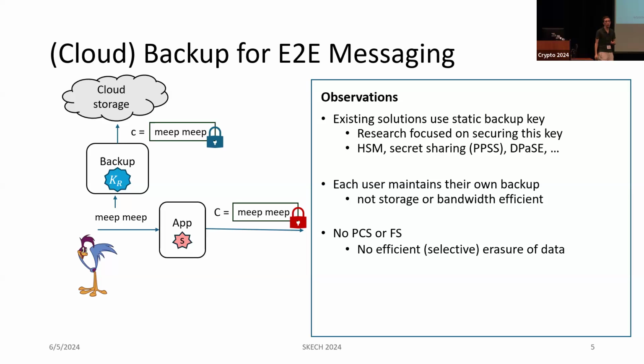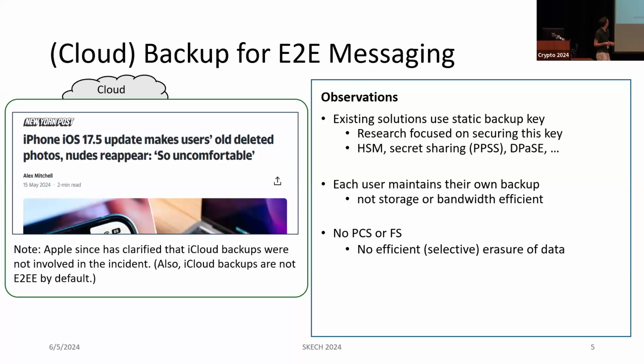Then, because they use a static key, they don't get any post-compromise security or forward secrecy, so it seems that the backup schemes don't get the same level of security we normally require from the messaging level. And a couple of months ago, there was this incident where on iPhone suddenly old erased messages were reappearing, and initially people were wondering whether this had something to do with the iCloud backup.